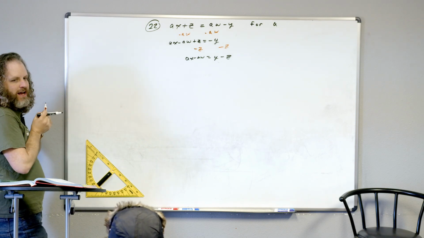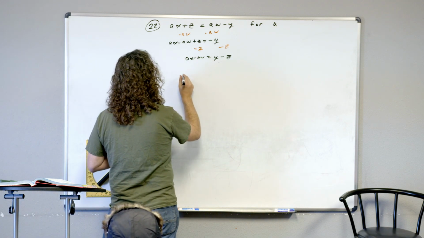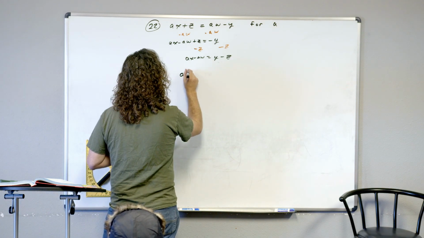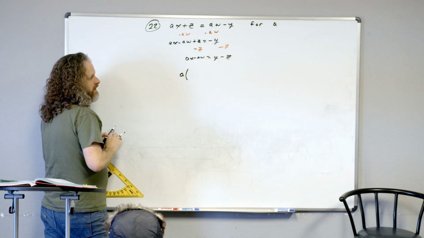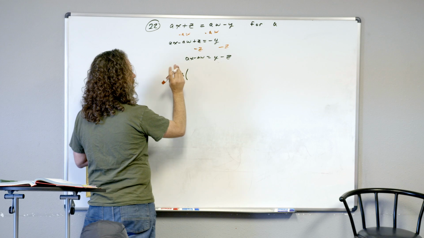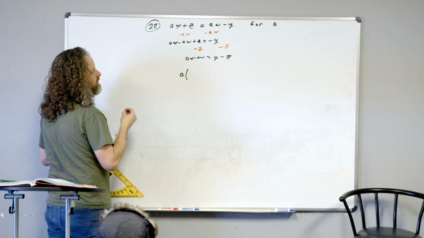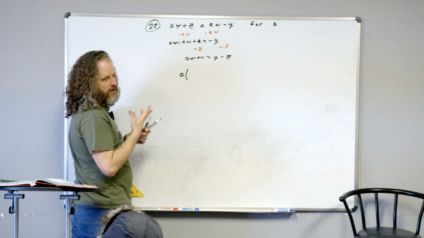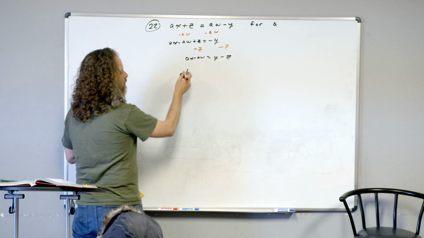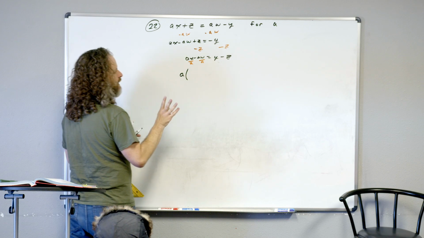We're gonna pull an A out of everything. Okay? So the way that works is we're gonna write down an A and then a parentheses. And then we're going to write down what's left when we pull an A out. So what we're really doing, and on this problem, you don't necessarily have to know this, because you can probably do this one without that. But what we're really doing next is we're dividing by A on everything and writing down what's left.